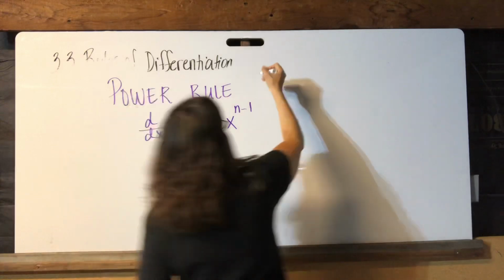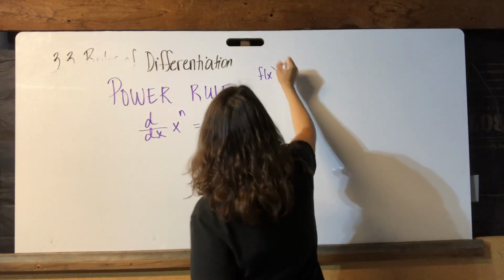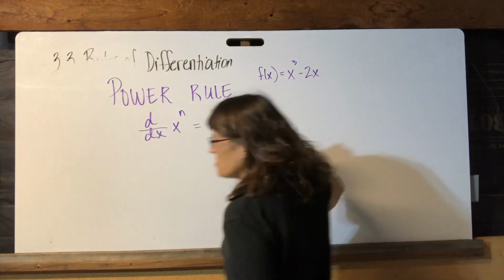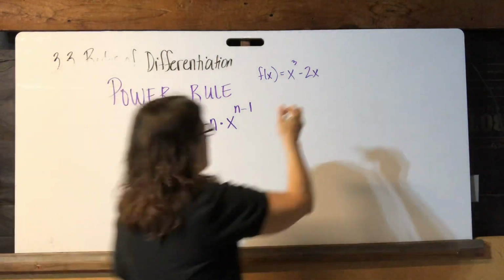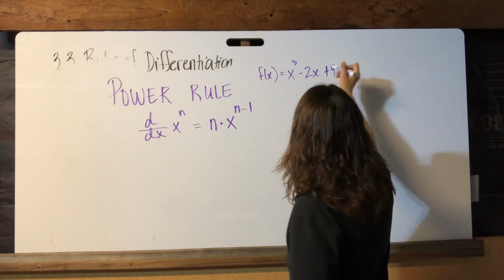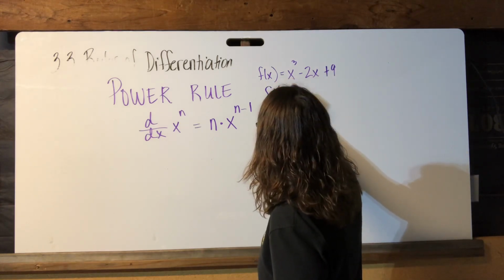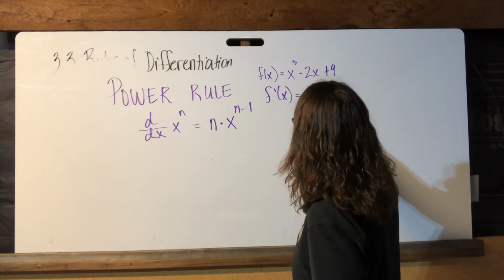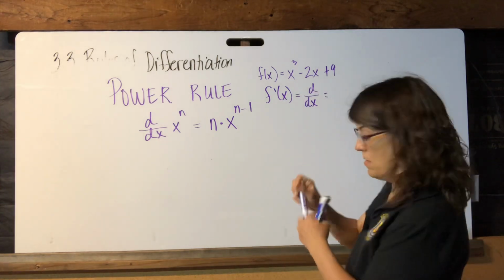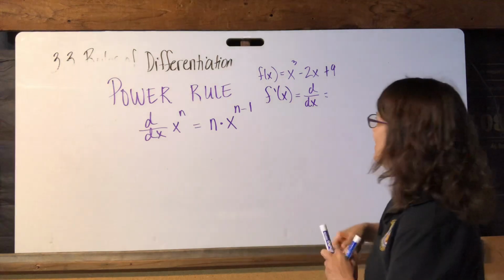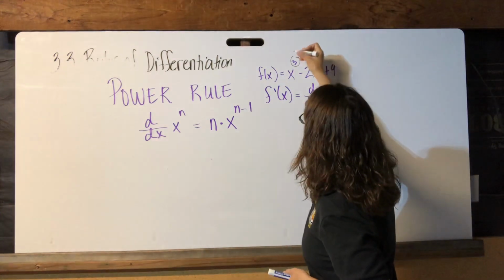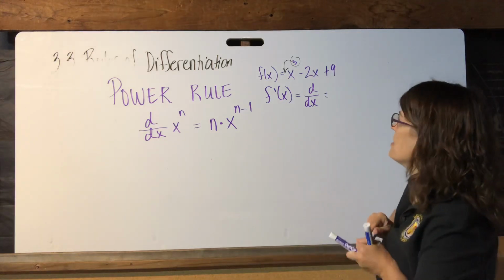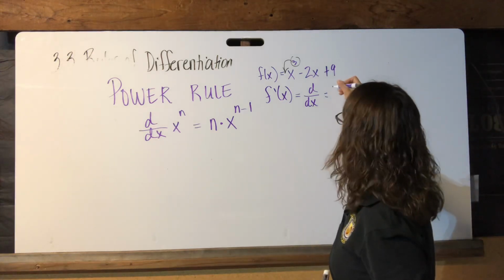So for the problem we just did, f of x is equal to x cubed minus 2x plus 9. F prime, or the derivative with respect to x: the 3 comes down in front, and that becomes 3x squared.